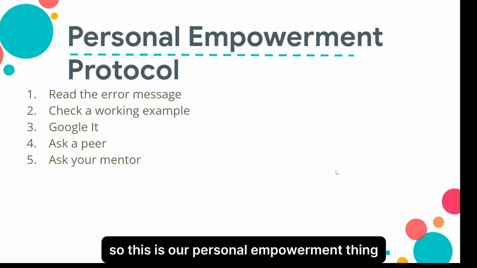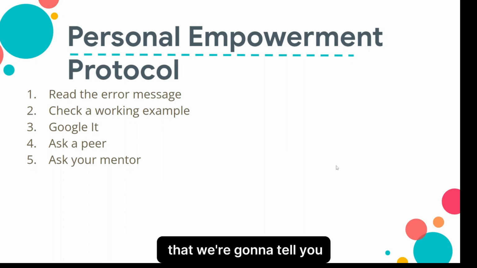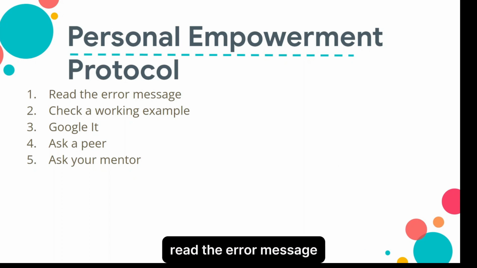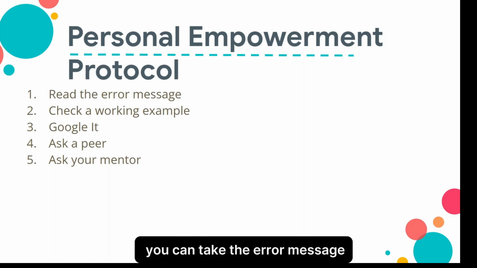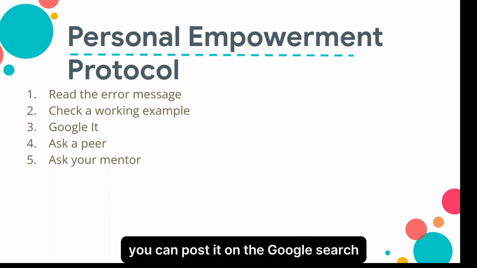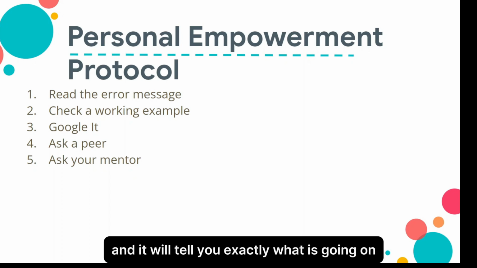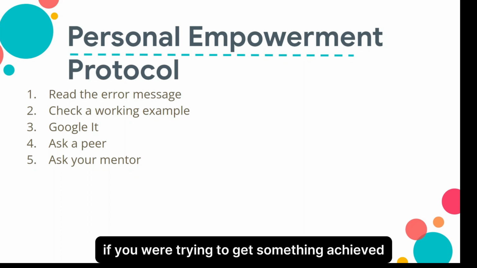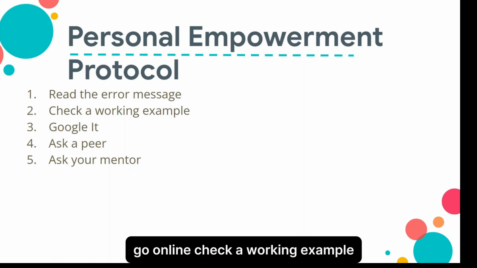So this is our personal empowerment thing that we're going to tell you. Whenever you're writing your code, read the error message. Try to see if you can understand it. You can take the error message and post it on Google search, and it will tell you exactly what is going on, or somebody's had a solution that has solved it. If you are trying to get something achieved and you don't know how to do it, go online and check a working example.